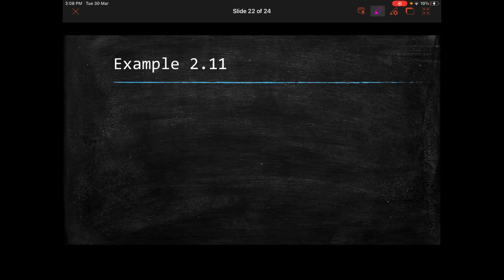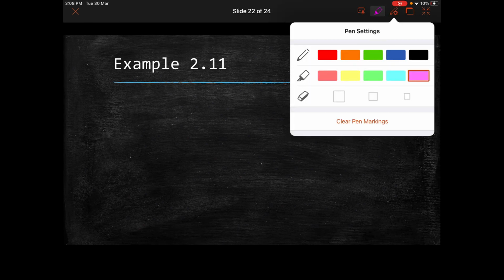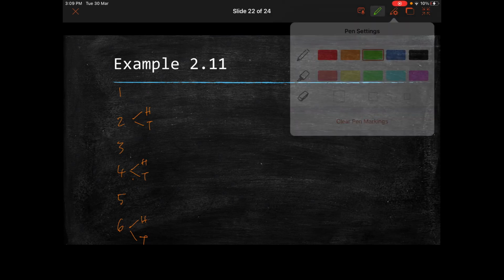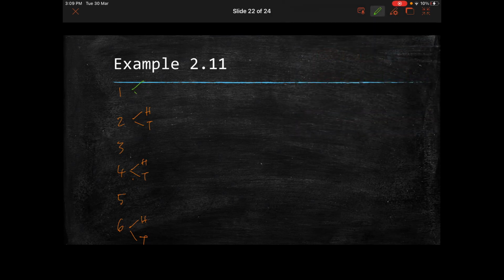Alright, let's construct a tree diagram first. List all the numbers that we have on the die. Then for an even number you flip the coin once, and for an odd number you flip the coin twice.